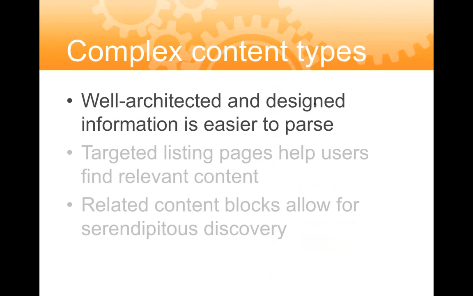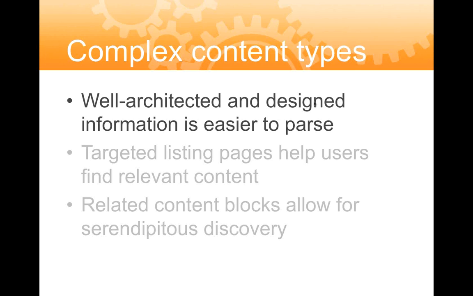So just to recap what we've been covering today, we are taking a look at some of the solutions we can have for the challenge that we often see in higher ed websites of complex content types. Universities often find themselves with lots of really rich and awesome content that unfortunately is difficult for our users to understand.